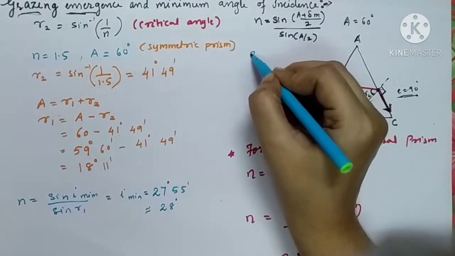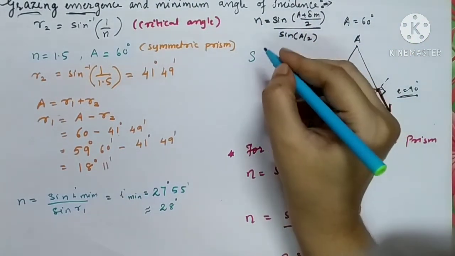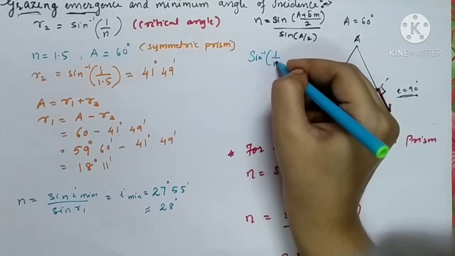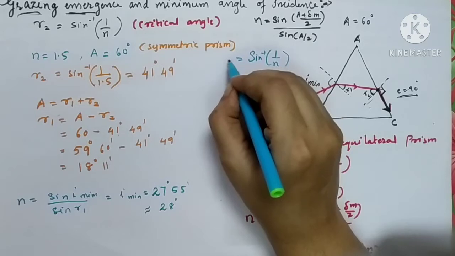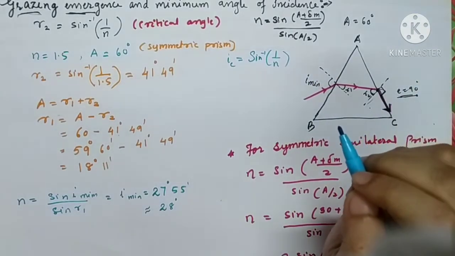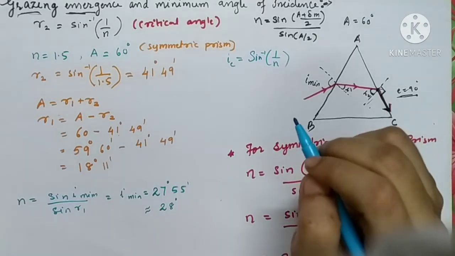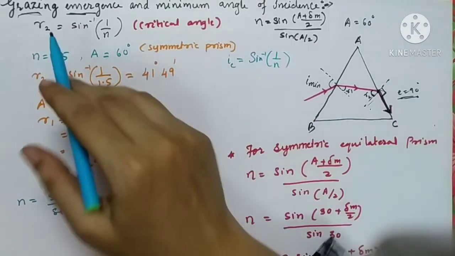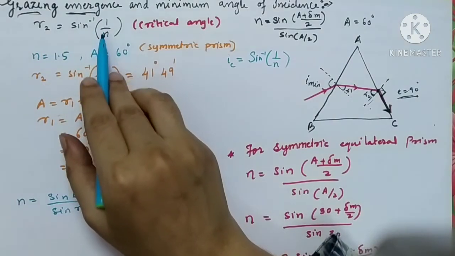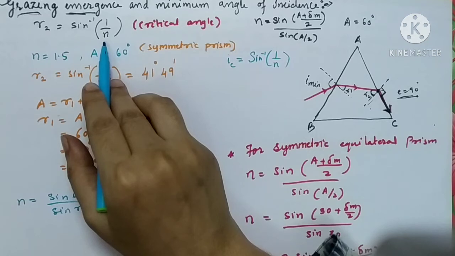As you have already studied, the critical angle has the formula sine inverse of the reciprocal of the refractive index. This is the formula of the critical angle that we had already derived in the topic of total internal reflection. So the same formula we are going to use over here: R2 is equal to sine inverse of the reciprocal of the refractive index.